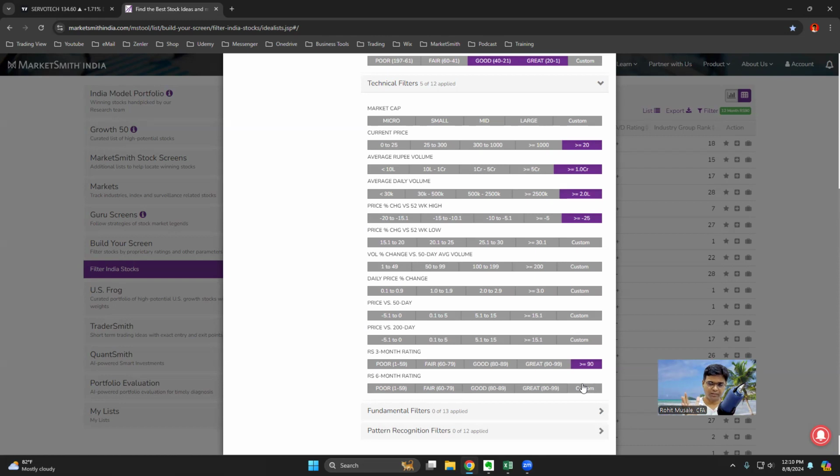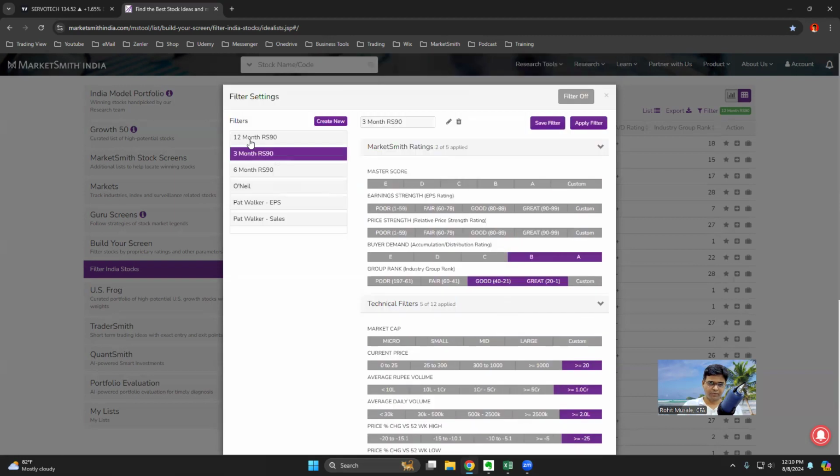The relative strength comes when you compare one stock with either the index or the other stocks in the stock market. So that is why these filters are very important whenever you are looking at weak market conditions or wherever the market is in late stages of a bull market.